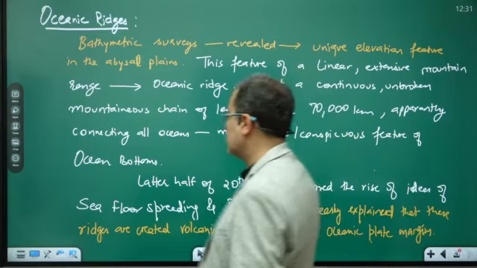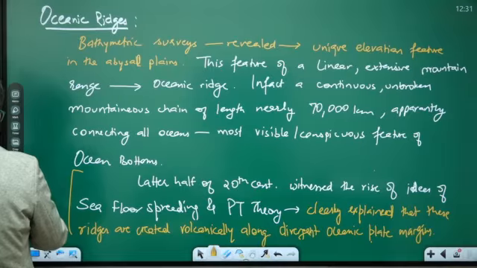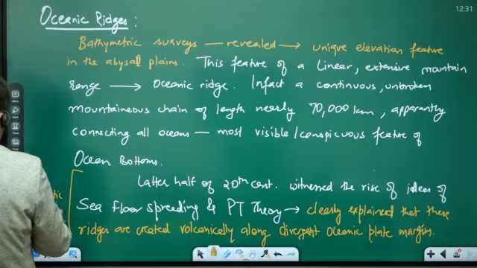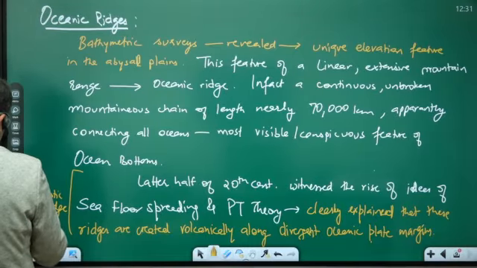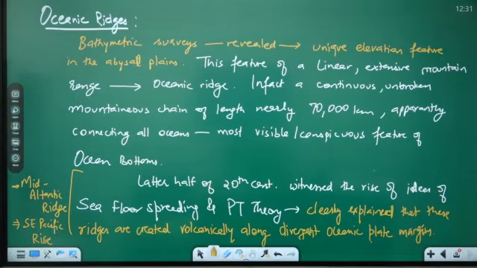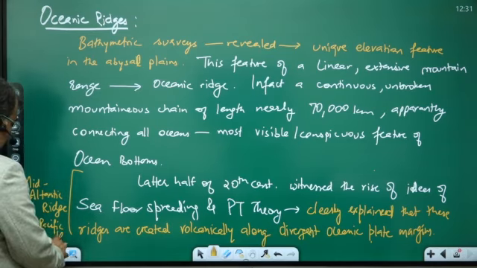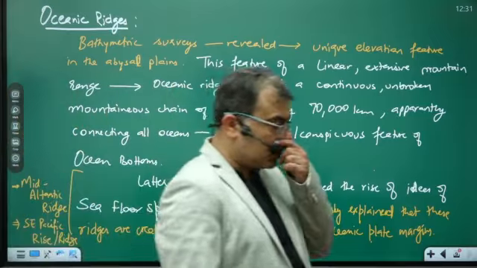Are we done? So example क्या है? Mid Atlantic Ridge, Southeast Pacific Rise, rise और ridge, ये इसके एग्जाम्पल्स.